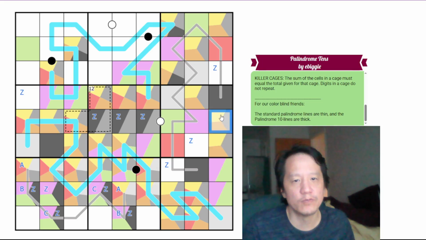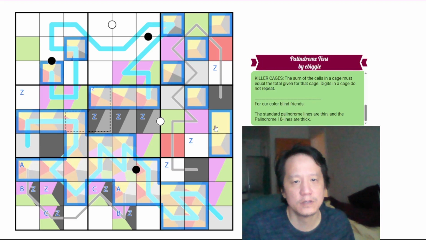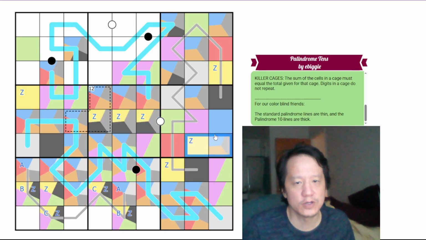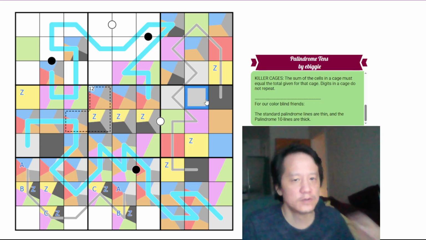So we want to mark all the yellows then. So we're going to change all the yellows to blue and all the Z's to yellow, to match the colors here. So we're going to make this blue, I guess, and this orange and this medium to match.